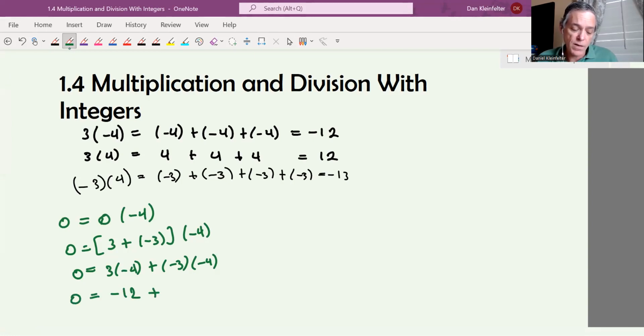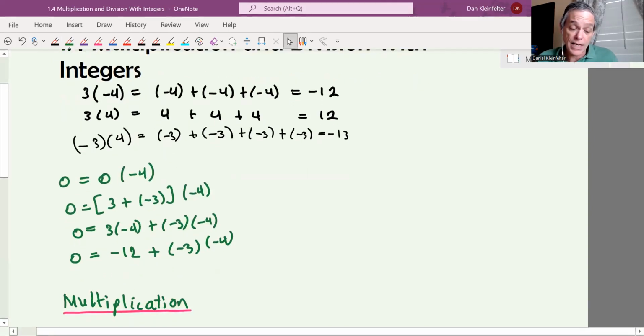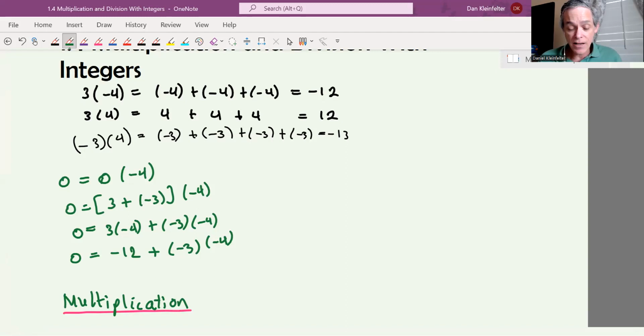And so we have 0 is equal to -12 plus -3 times -4. If that's true, which we haven't broken any rules so far, then what do you add to -12 to get 0? Well, what you'd add to any number to get 0 would be its opposite. And so that suggests that -3 times -4 would be +12. And in fact, it is.